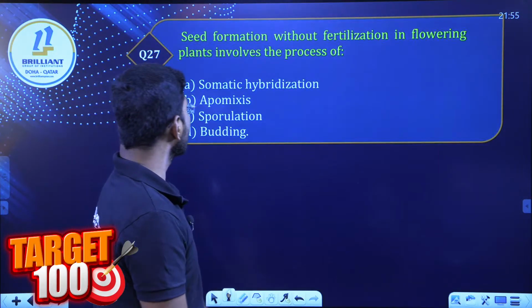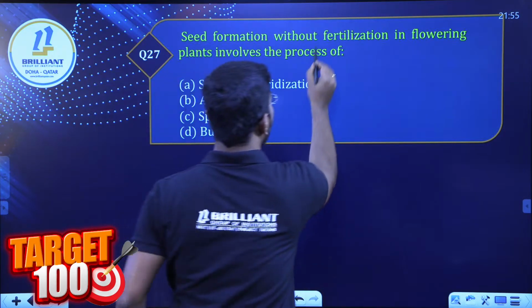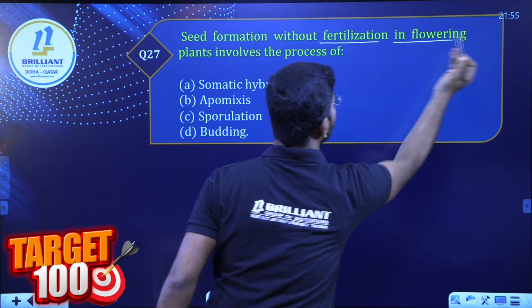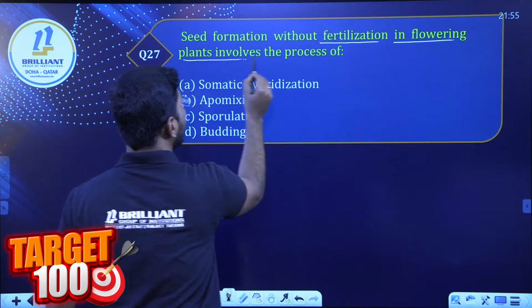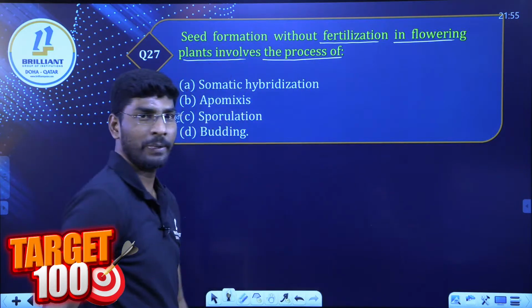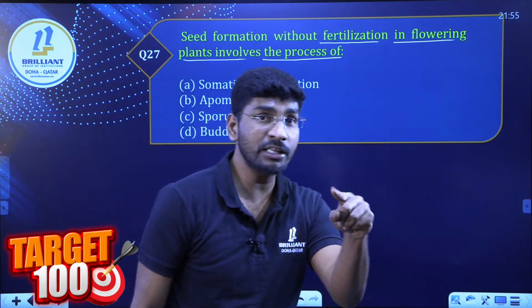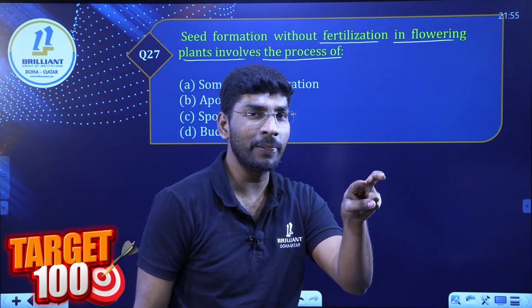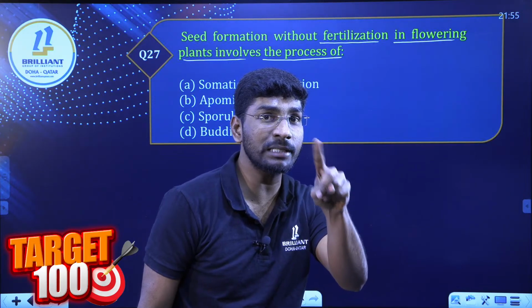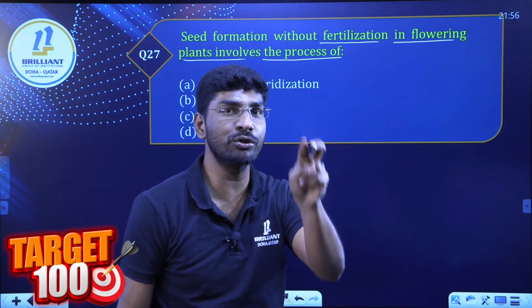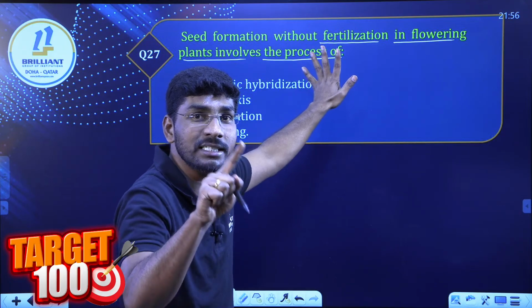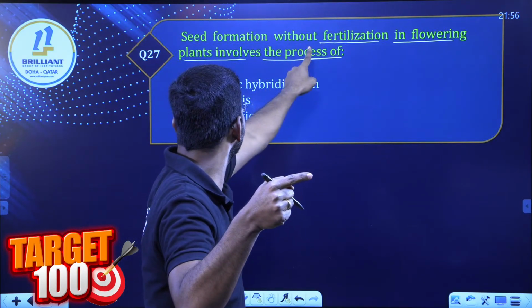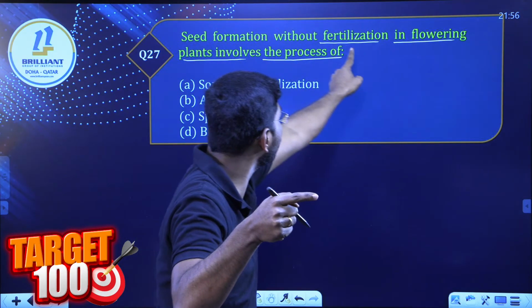27. Seed formation without fertilization in flowering plants involves the process of. Remember, parthenocarpy and parthenogenesis, two terms are there. I told you clearly in the class, they are different. Here they are asking seed formation without fertilization.